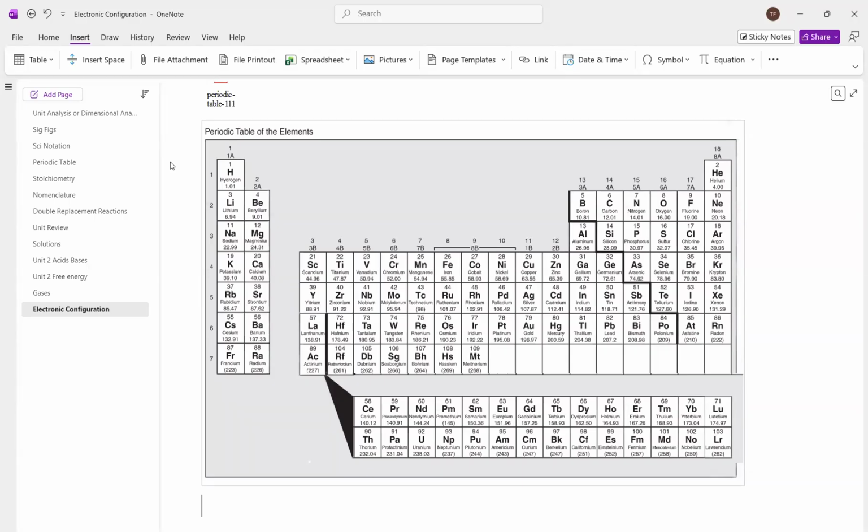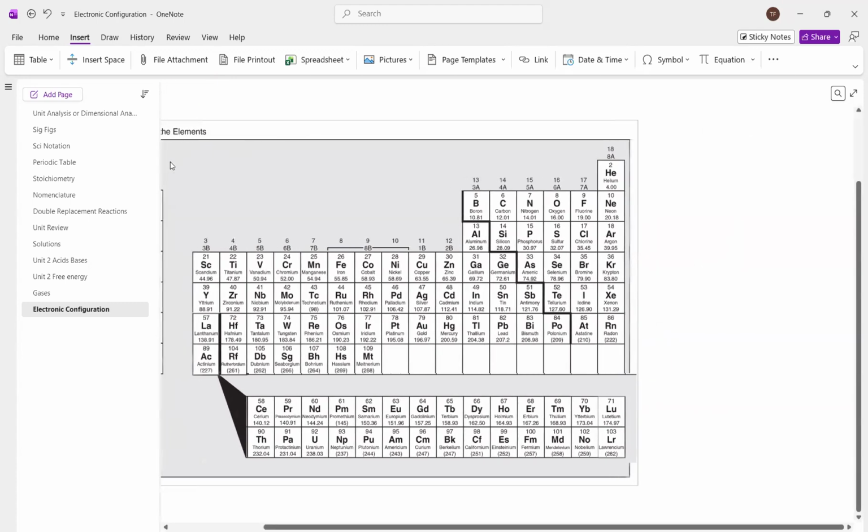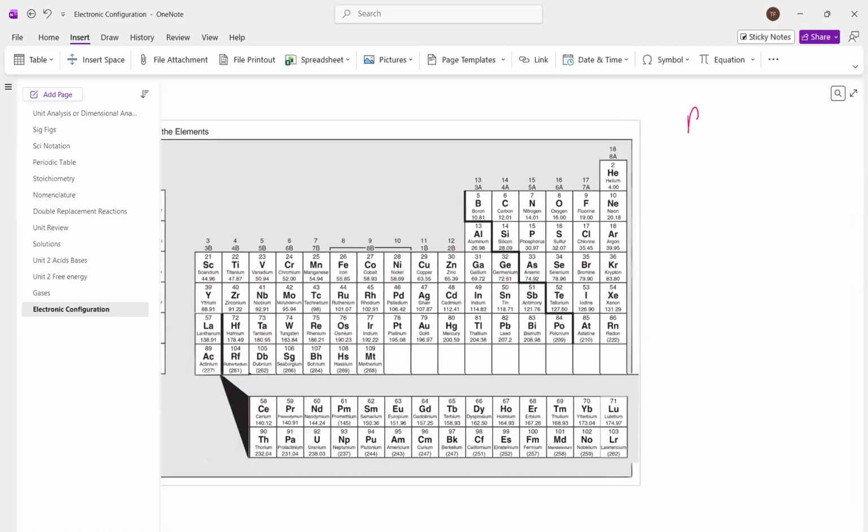It's a very useful tool. Okay, so let's review Bohr, because we're going to build on Bohr.